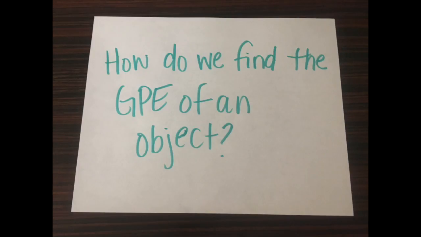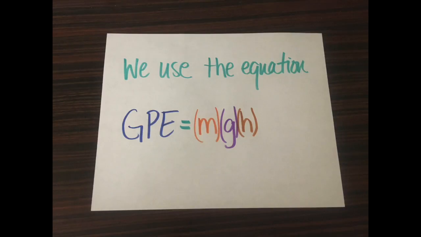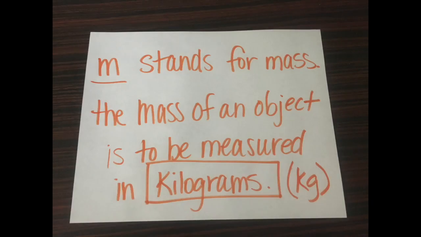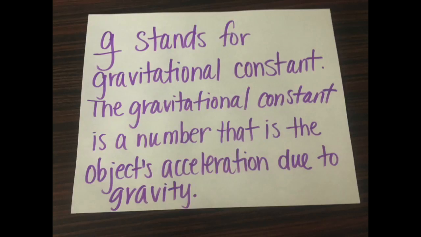So now that we know what gravitational potential energy is, how do we find the gravitational potential energy of an object? We use the equation GPE, or gravitational potential energy, equals m times g times h. M stands for mass. The mass of an object is measured in kilograms. G stands for gravitational constant.